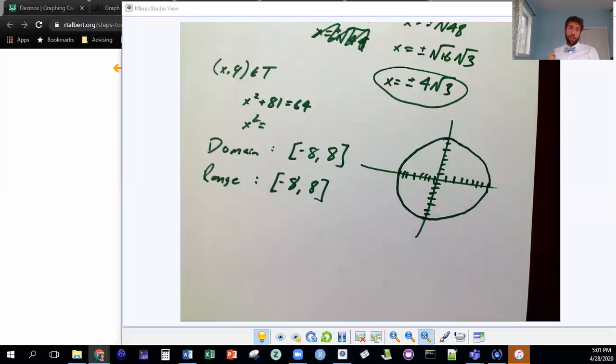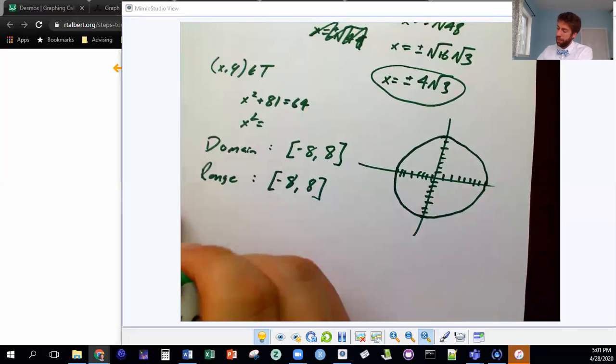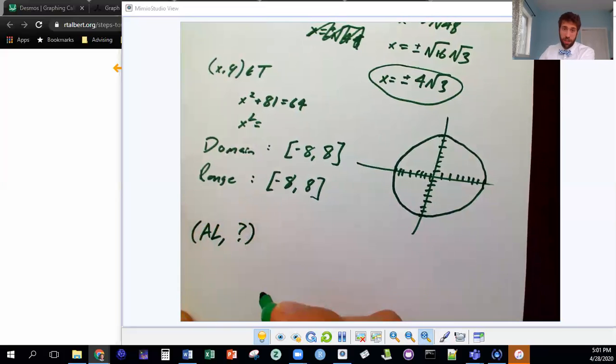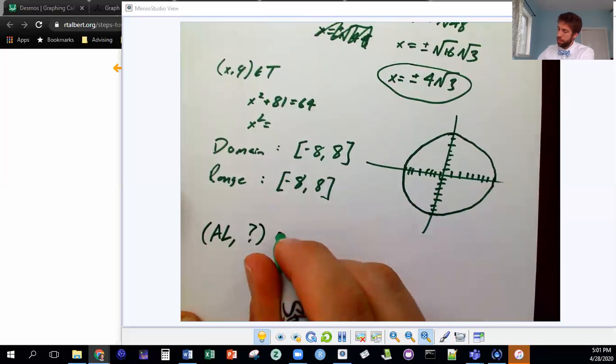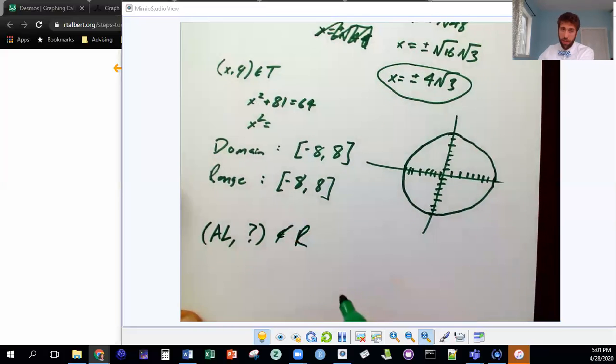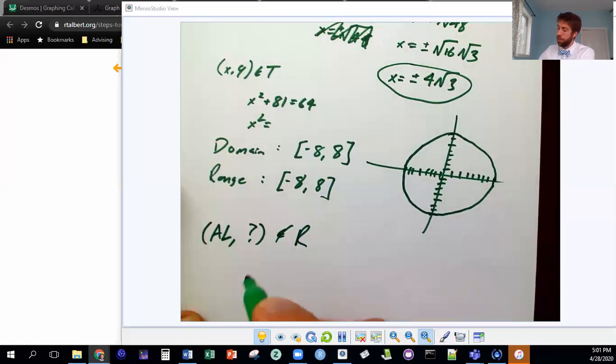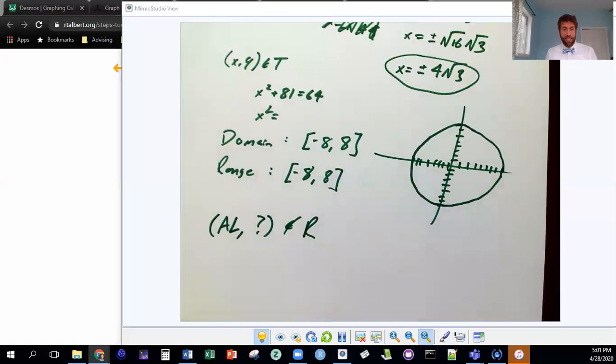Let's talk about Alaska. Alaska doesn't border any other states, so (AL, anything) doesn't exist. No matter what state you try to put in there, it's not in R. So that means Alaska is not in the domain. So the domain and range would be the 48 contiguous states that all have a border with another state. Same with the range.